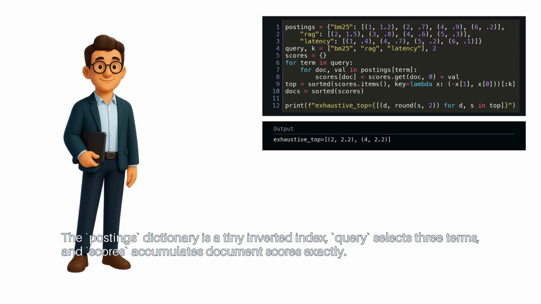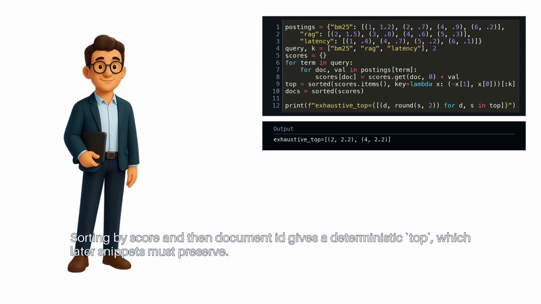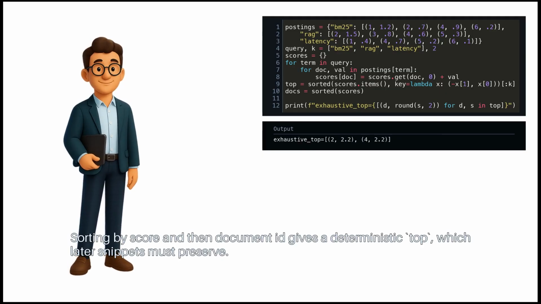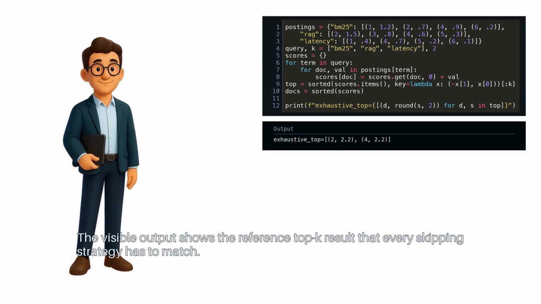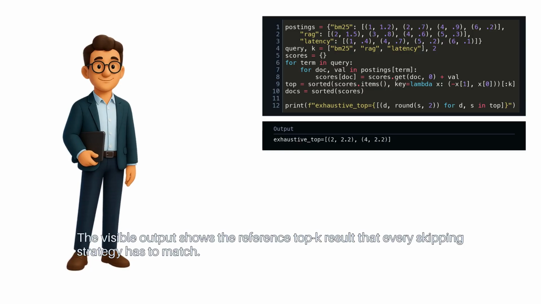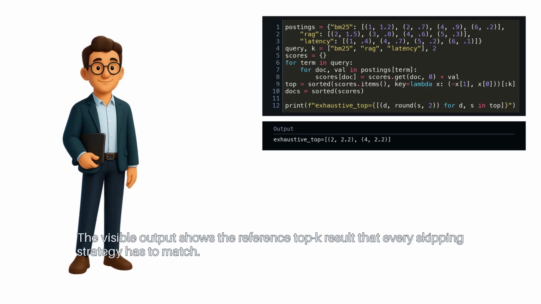Query selects 3 terms, and scores accumulates document scores exactly. Sorting by score and then document ID gives a deterministic top K, which later snippets must preserve. The visible output shows the reference top K result that every skipping strategy has to match.